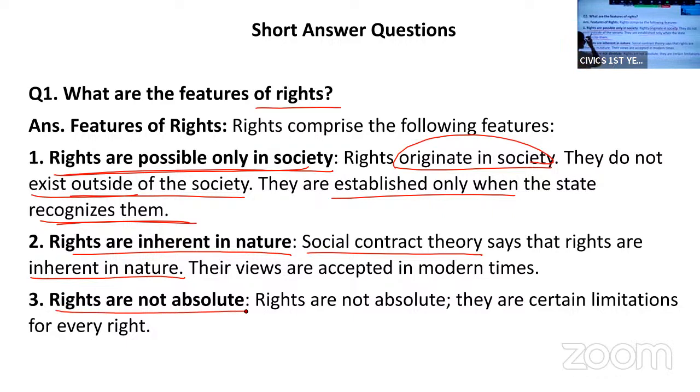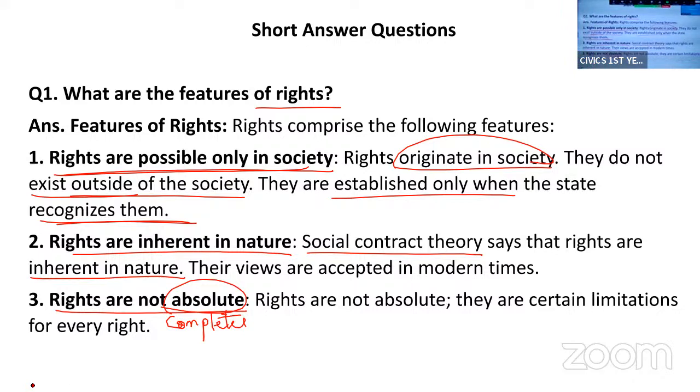Rights are not absolute. What do you mean by absolute? Complete. Rights are not complete. There are certain restrictions imposed on your rights. For example, you have the right to freedom.